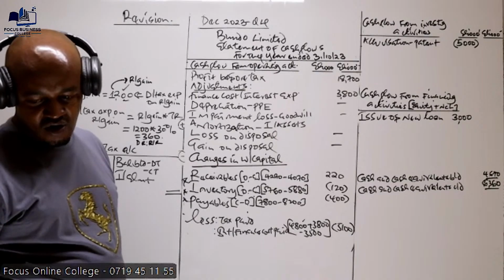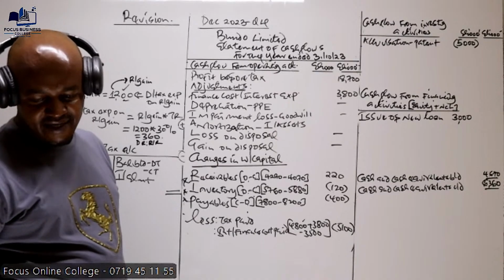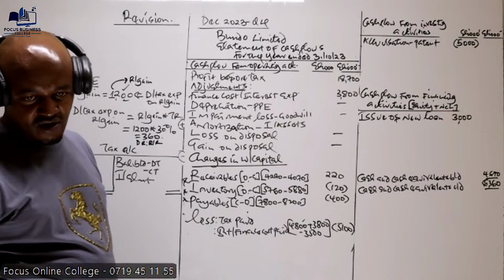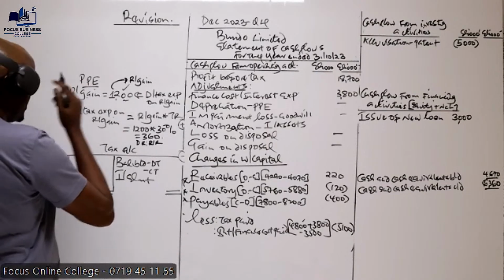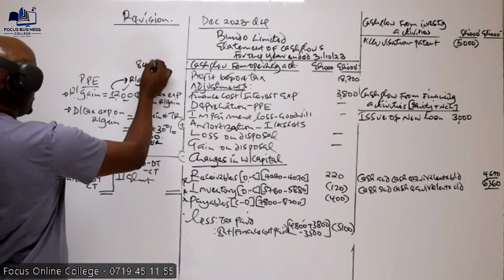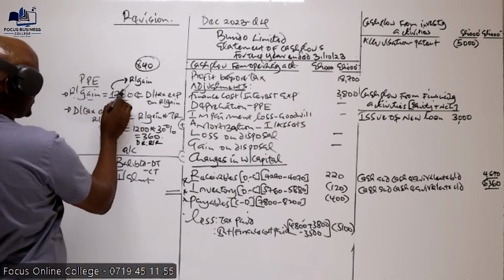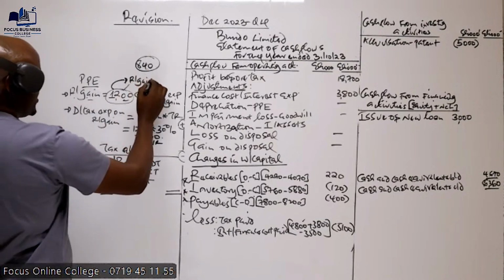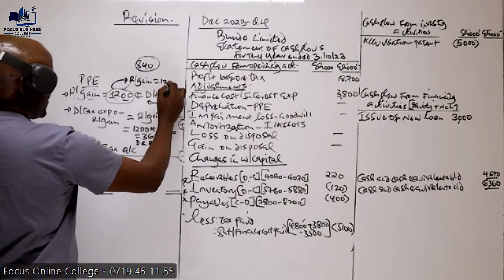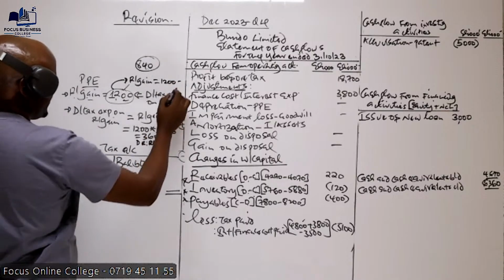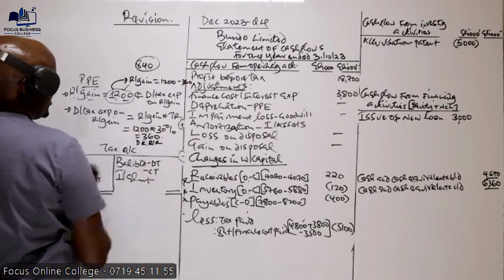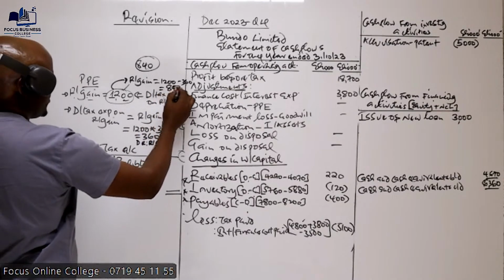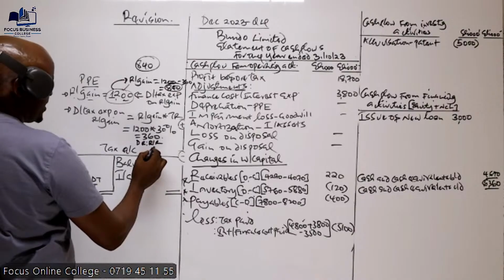The only other comprehensive income we have there is the revaluation gain on property, and you're told that it is net of the deferred tax. The amount recorded here is 840, but we know the revaluation gain was 1,200. So how is this figure arrived at? By taking 1,200 minus the deferred tax expense on the revaluation gain, which gives us 840. That's why we are saying this one should be debited in this account.